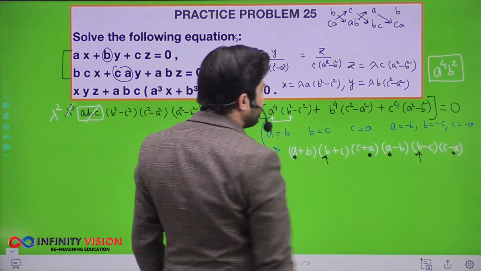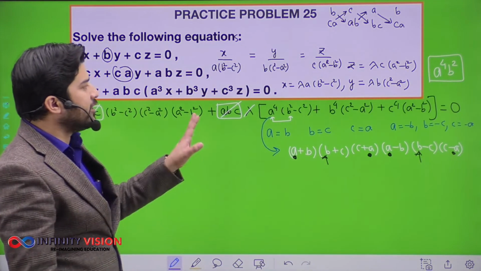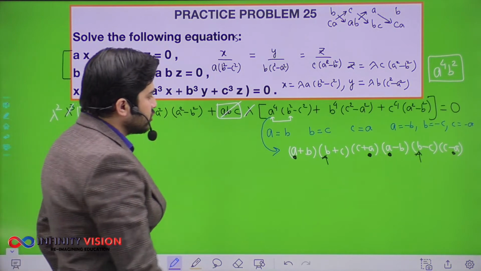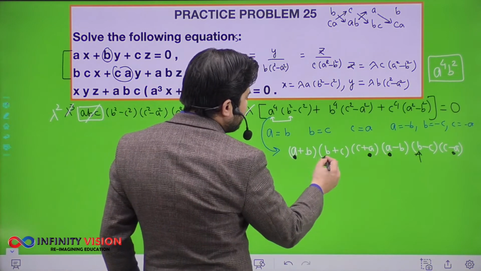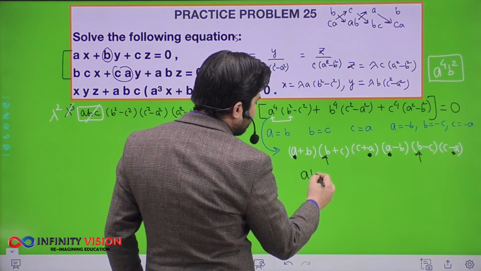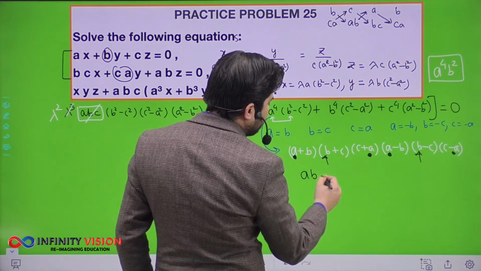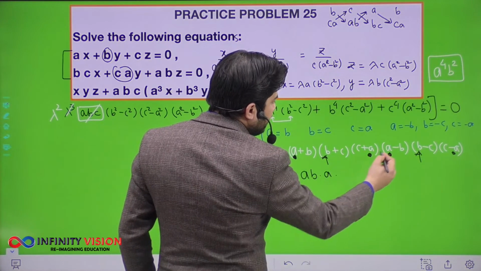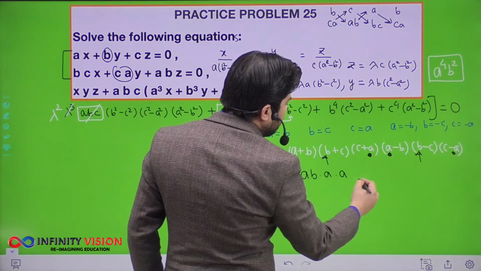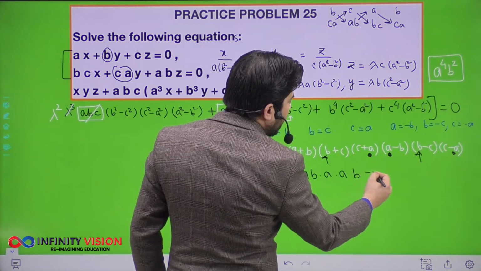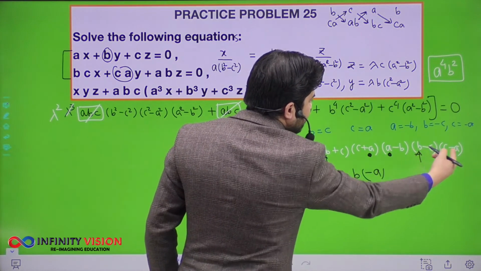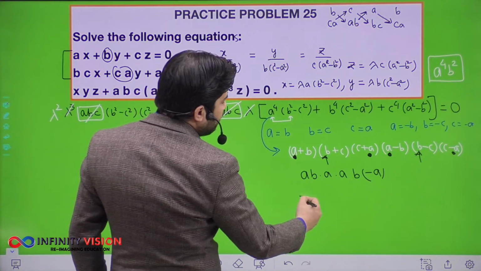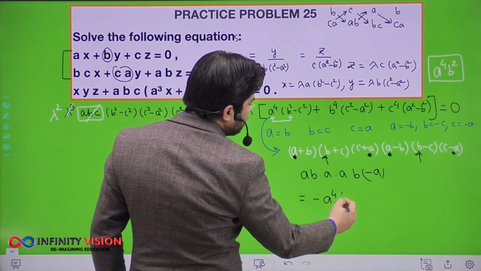Then only I would be able to create my a to the power 4 b square. So let's say if I multiply a with b, ab, and b with a into a, then into a, then into b, then minus a, because the last guy is minus a. So I am getting minus a to the power 4 b square.